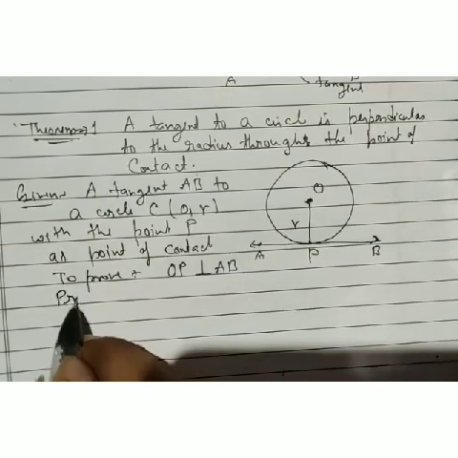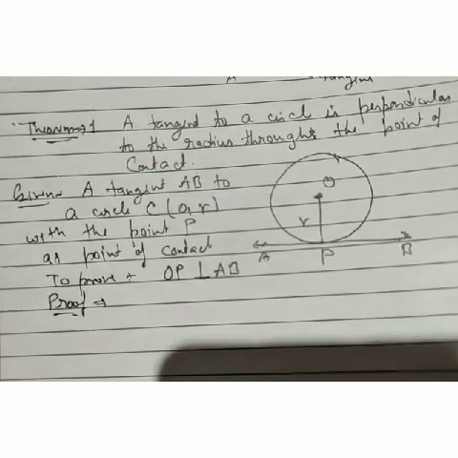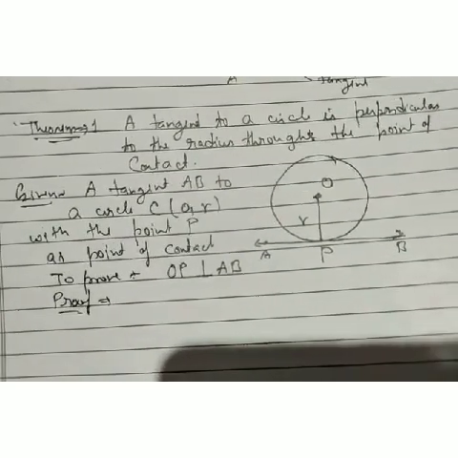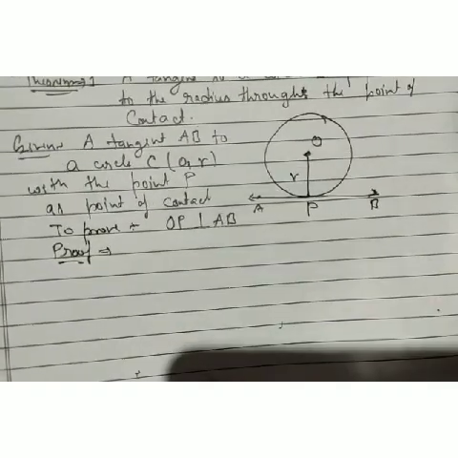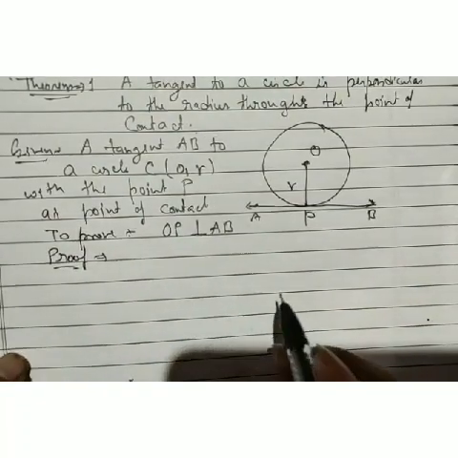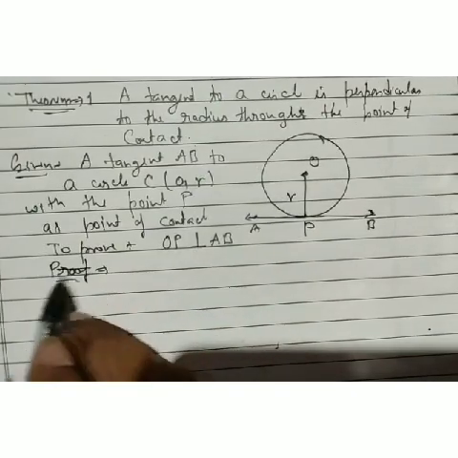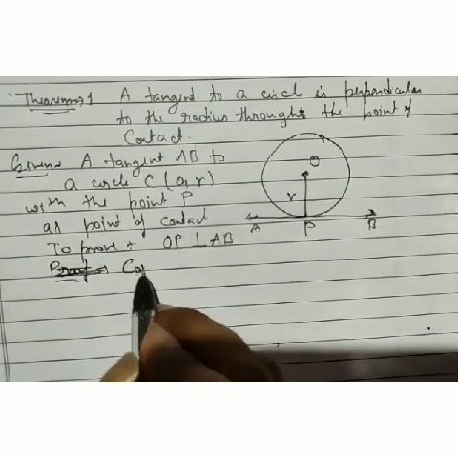It's a definition-based proof, and it's not a lengthy procedure to prove. We are going to use our basic fundamental things. In the proving part, first of all, we have to take a construction.